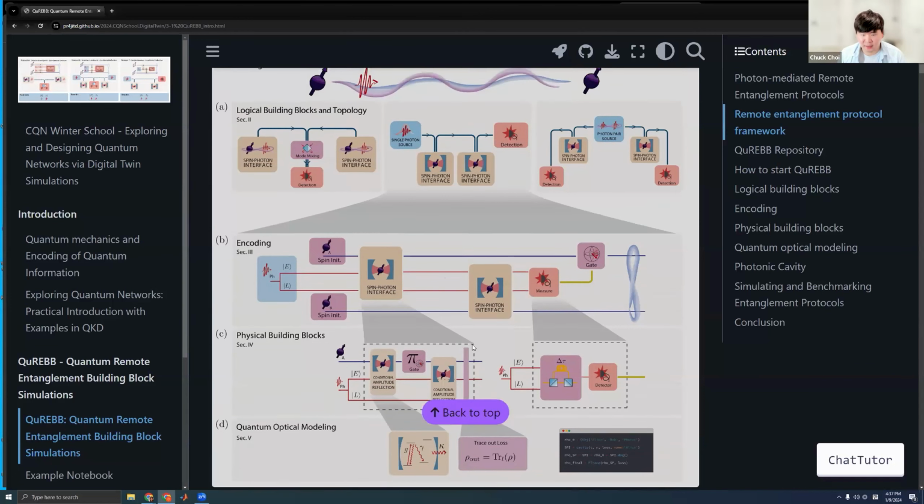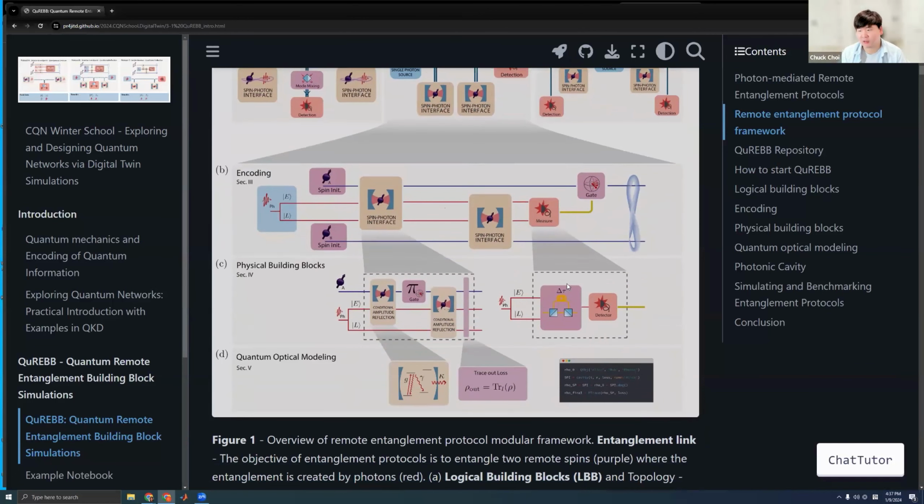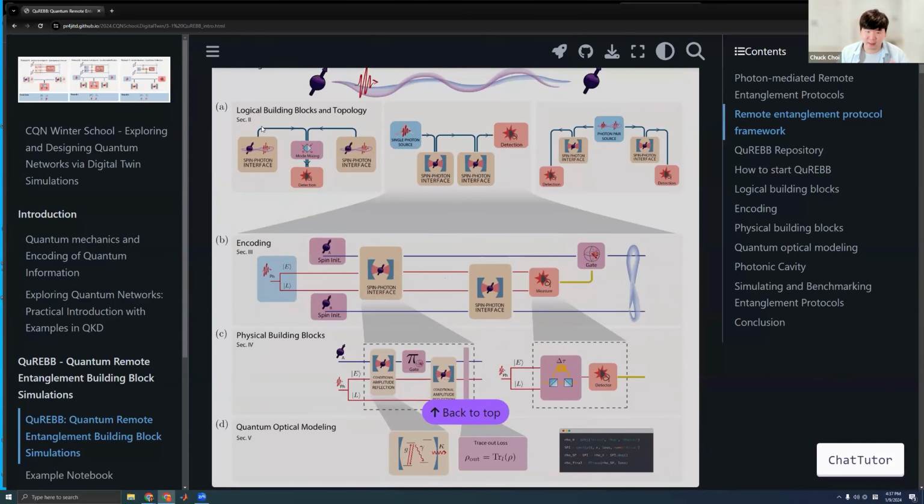Then it is very important to make a modularized framework code basis for the machine to reconfigure and study the protocols. So the reason why we made all this is that we also call this a building block or a Lego block, so that the machine doesn't have to worry about the inside of the block. As long as the user provides the blocks, the machine can combine the Lego blocks in different ways.